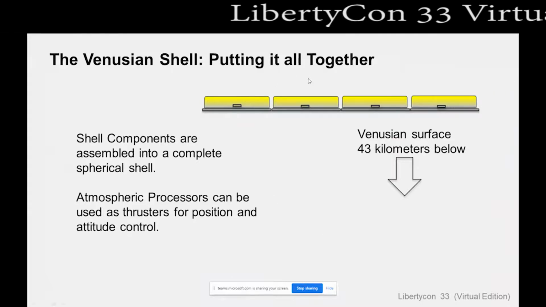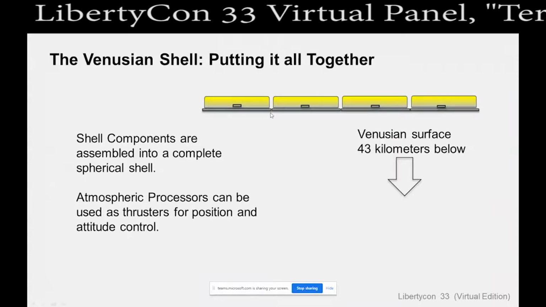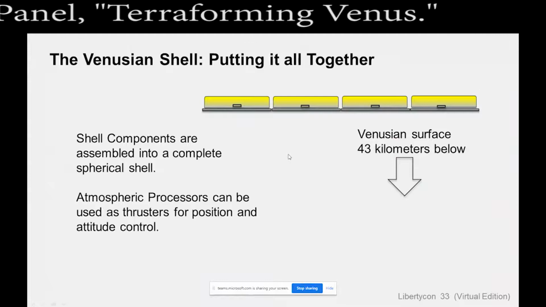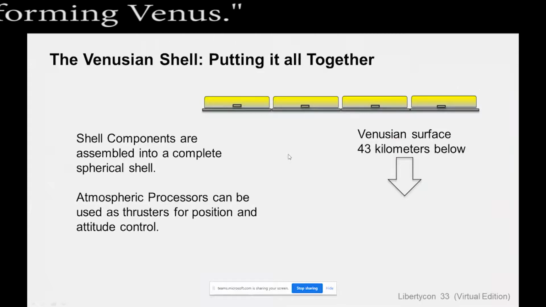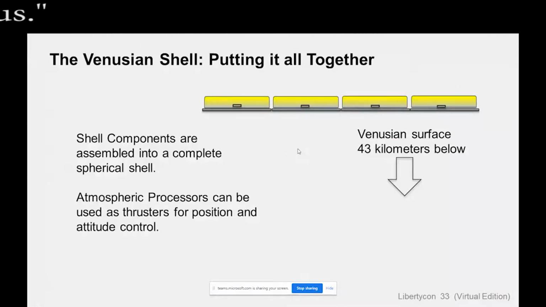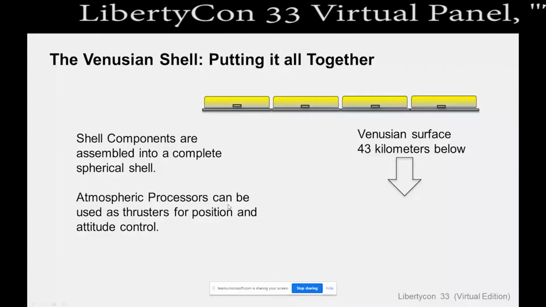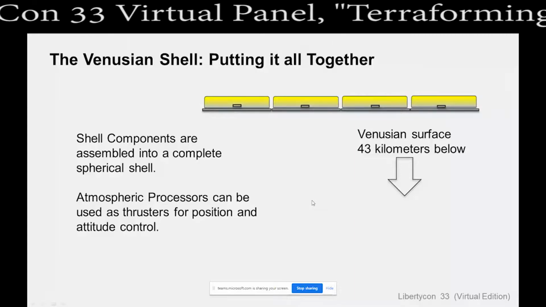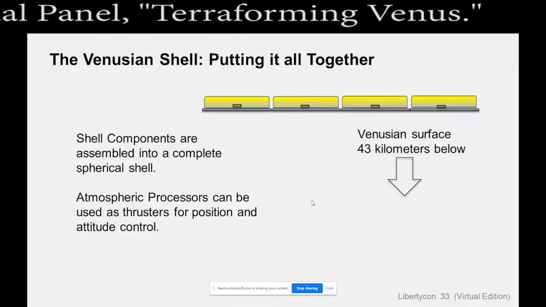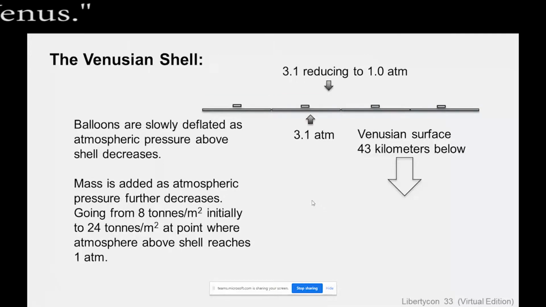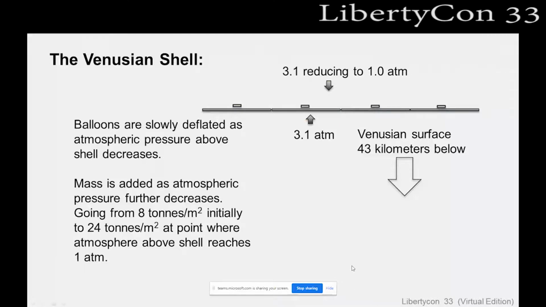You may want to release some of the hydrogen so the shell goes into compression. When you have the shell pretty well constructed, then you weld the elements together and you've got your shell. Again, atmospheric processors are used to maneuver these things. Admittedly, putting in the last piece might be a challenge, but hopefully we'll have the technology to do that when we get around to doing this.